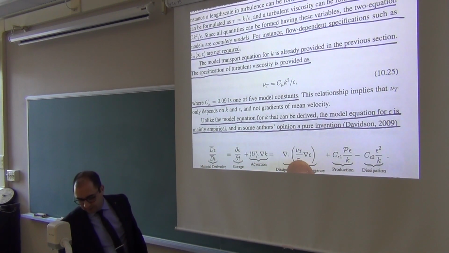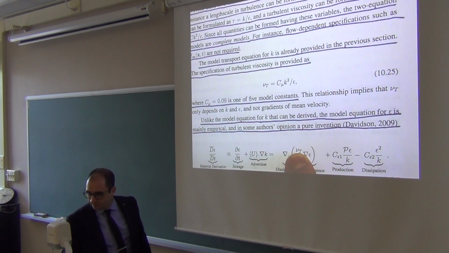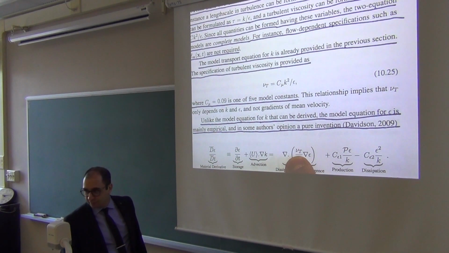Remember that turbulent viscosity is just a constant of proportionality for the down gradient hypothesis, or diffusion hypothesis, right? But turbulent viscosity only works for momentum. If I want to use the gradient diffusion hypothesis for, let's say, heat or temperature, then I would have the gradient of temperature here, and I would have to use the Prandtl number for temperature.